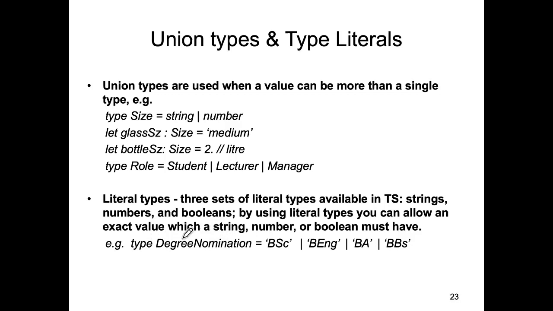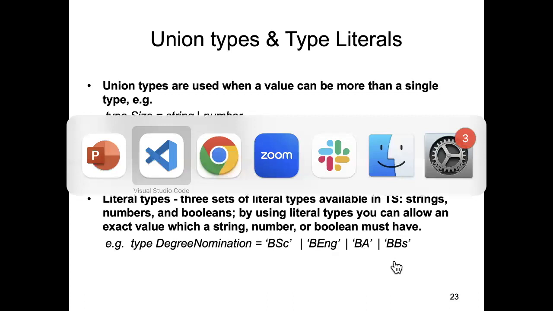I'm saying the degree nomination type is going to be either the string BSC or this string or this string or this string. So if you subsequently declared a variable of type degree nomination, then the value you can assign to that variable has to be one of these 4 strings. The compiler won't accept anything else.